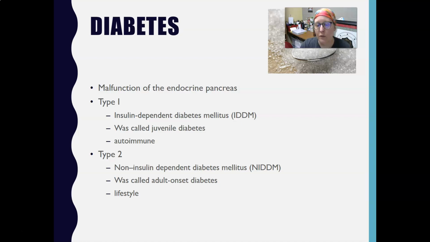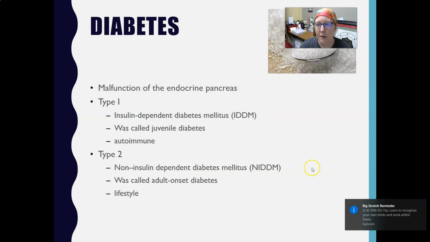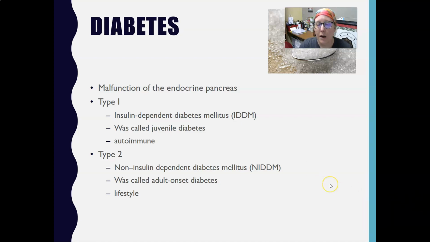There's a genetic component to it also, but this comes from a lifetime of just poor diet, drinking a lot of sodas, eating junk food, not exercising. Basically, if you eat the standard American diet, it just sets you up for diabetes.